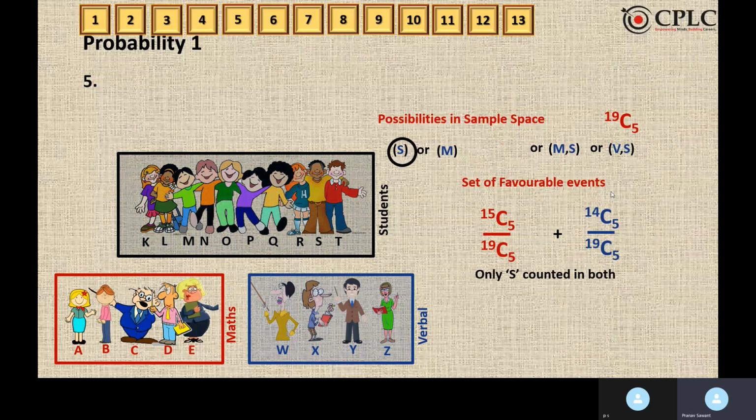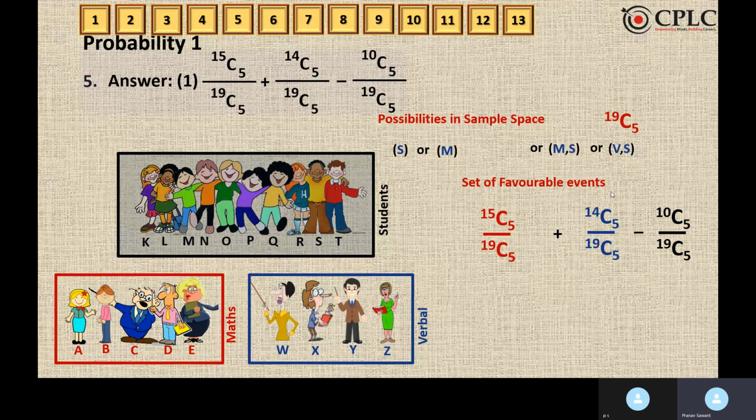So as the student part is counted in both, we will remove one student part, that is 10C5 upon 19C5, and that will give us the answer as the first option. As the student possibility was counted twice, we removed it once.